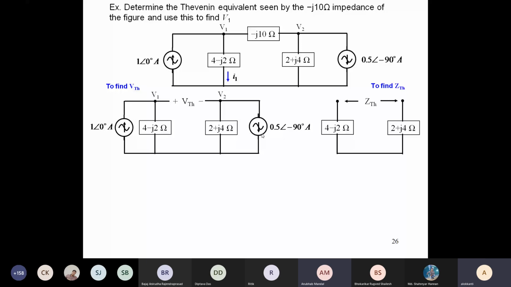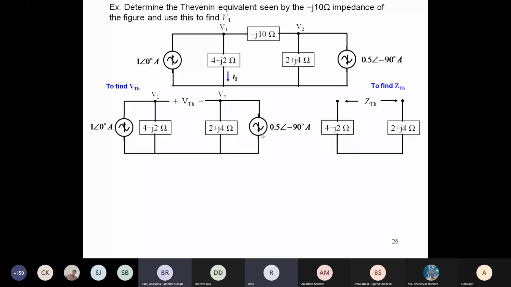Then you tell me what is the value of V1. 4 minus 2J.